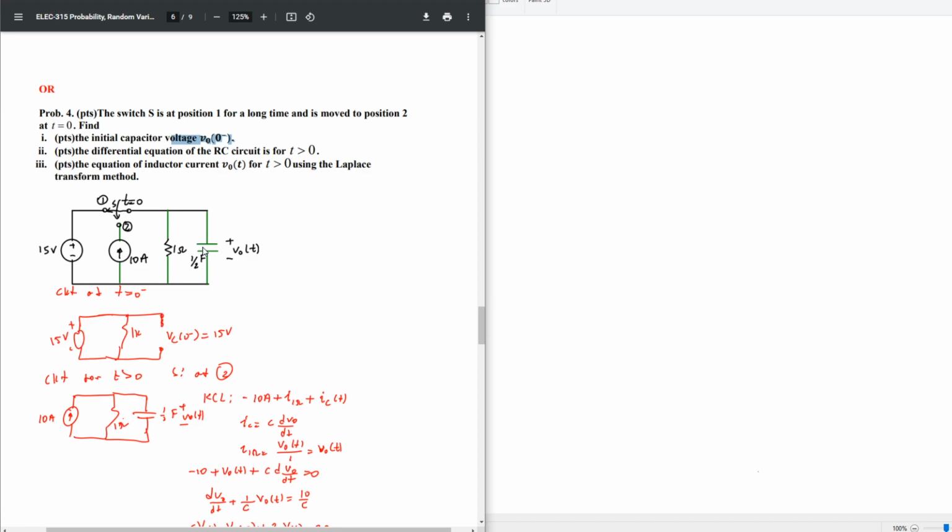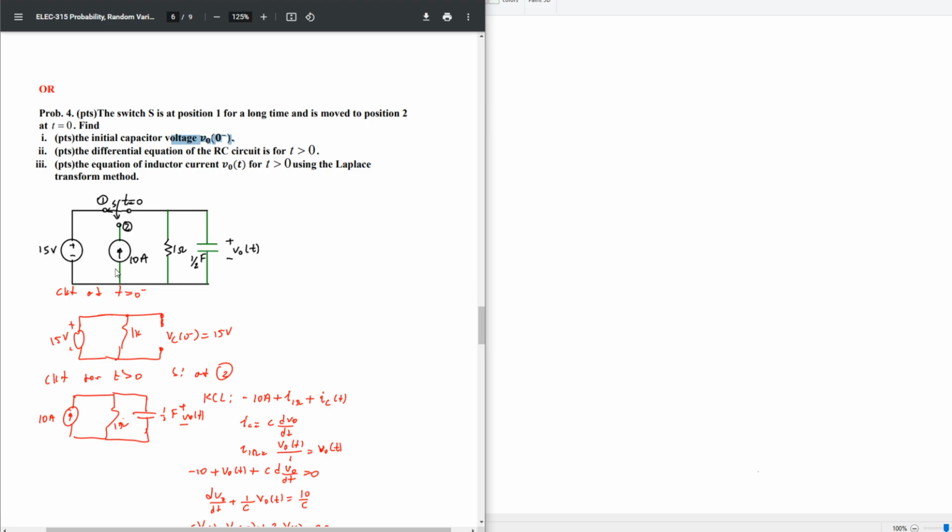Nodal analysis and, shoot, I don't remember. You could think about this as nodal analysis, or you could think about this as just regular parallel combinations, right?